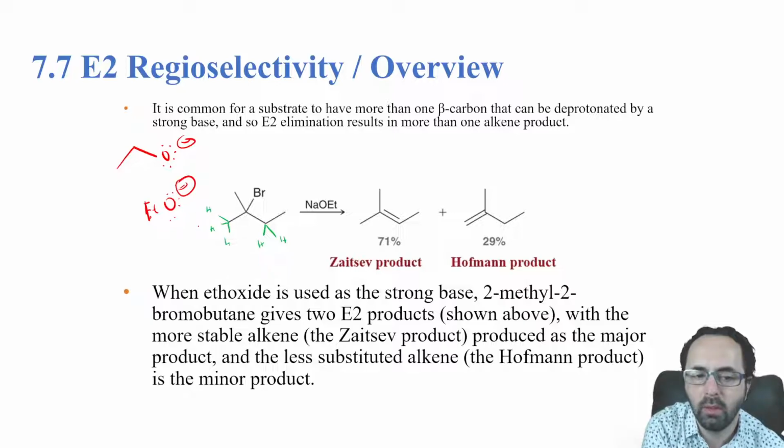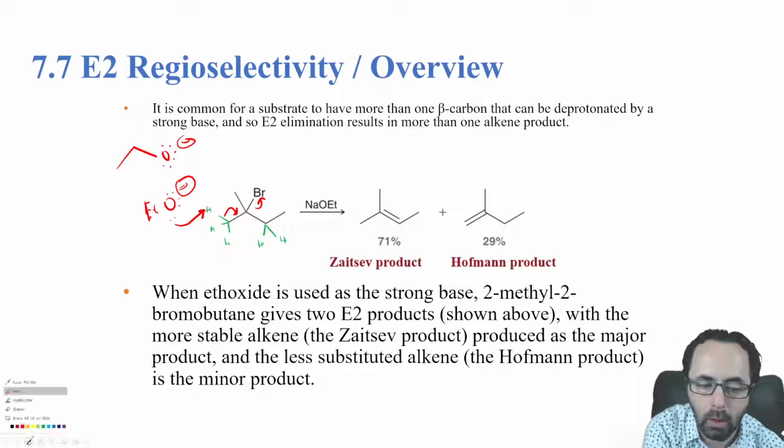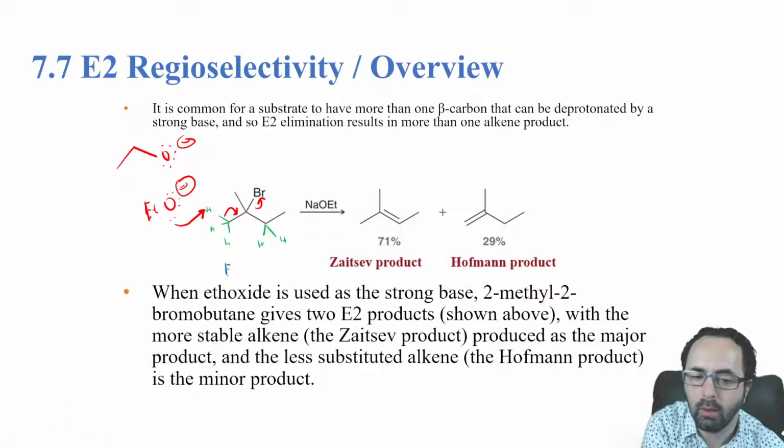So when it comes to this reaction, if we're doing an E2, remember that there's a proton transfer involved. So these electrons here make a bond with the hydrogen. It leaves its electrons behind, and then the leaving group leaves at the same time. But alternatively, we could also have the situation where the ethoxide does the proton transfer on this beta hydrogen here.